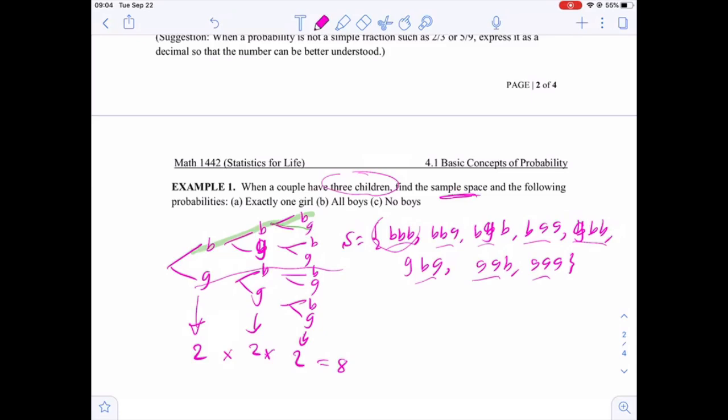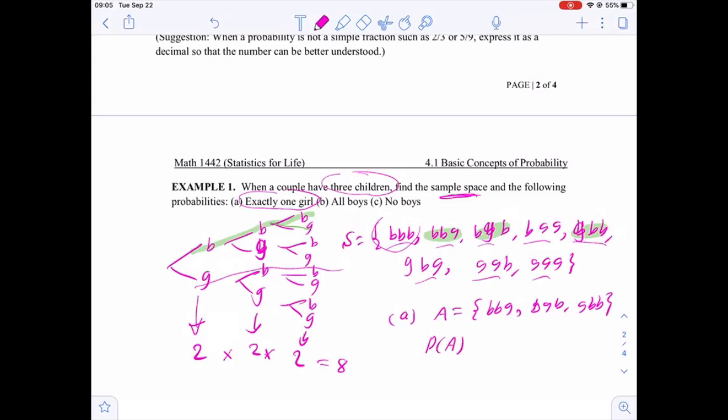Now this is the sample space, and we want to find the probability of getting exactly 1 girl. Exactly 1 girl can occur here, here, and here. So that's the event. For part A, let's call it event A. The event is boy boy girl, boy girl boy, girl boy boy.